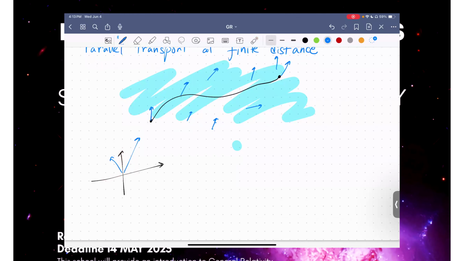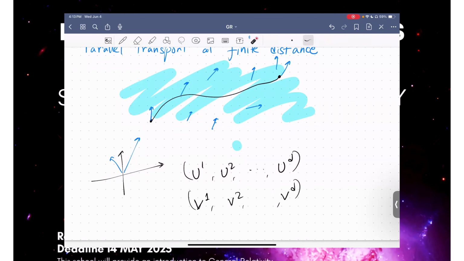In other words, you write your vectors in components. So U1, U2, UD, these will be some components of a vector. And then you have V1, V2, VD. This will be another vector. So this is a vector, this is a vector. And you basically compare the values of these components.